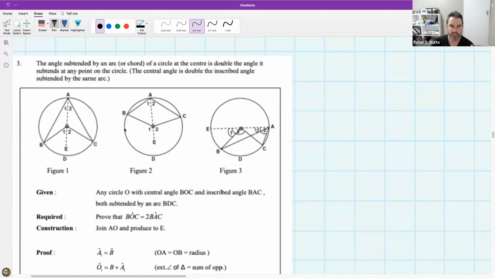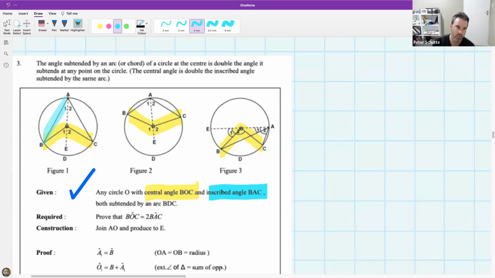So if you look at this setup, you are given a circle with a central angle BOC. So central angle BOC, you can see BOC. Look at how it looks different in every situation. And you're also given an inscribed angle BAC, which is here, and that one is a bit weird.